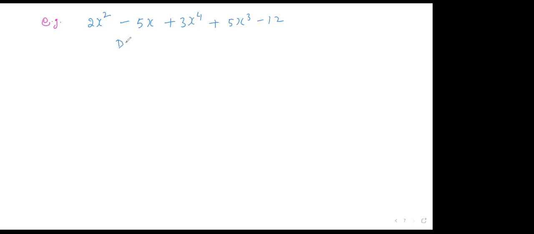What is the degree of this polynomial? It would be 4. This is the highest power of the variable. So the degree of the polynomial is 4.